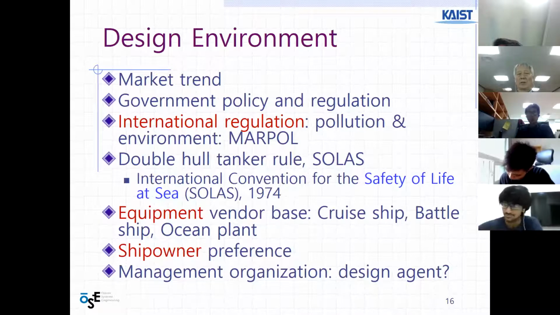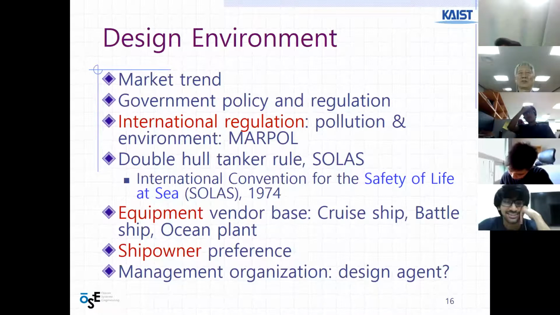And equipment vendor means the manufacturer of equipment, because a ship is very big and there are so many machines inside of the ship. The machines should be purchased to build the ship. Say a cruise ship or battleship and ocean plant, the inside machinery installation or equipment is very different.